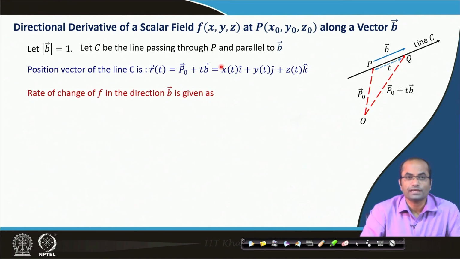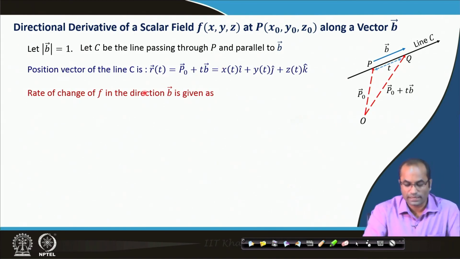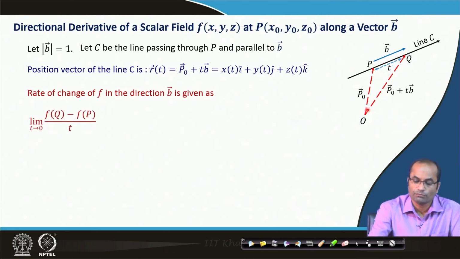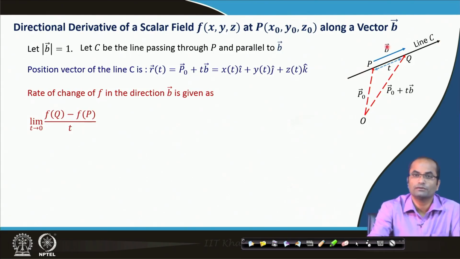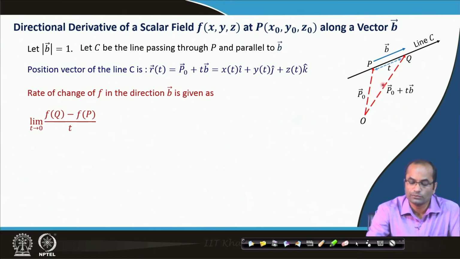And the rate of change of f in the direction of b, we can compute as f evaluated at q minus f at p, because now we are moving only in the direction of b along this line from the point p, divided by the distance t.